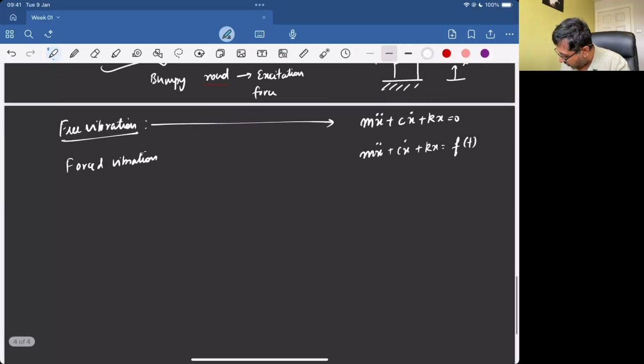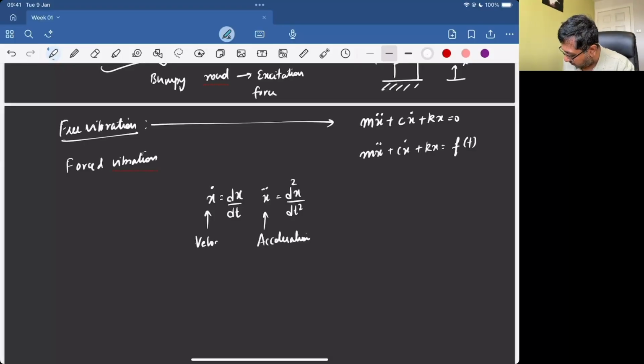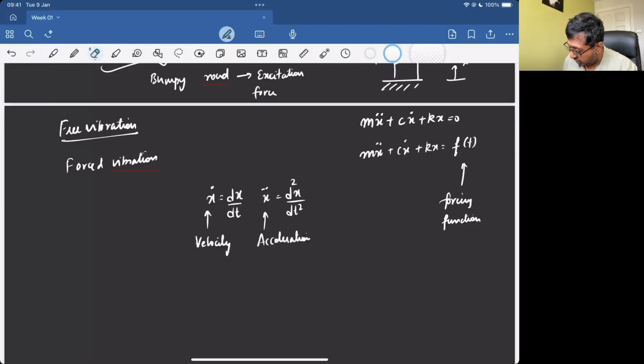Here we know that x dot is nothing but dx by dt, and x double dot is d square x by dt square. x double dot is nothing but our acceleration, and x dot is nothing but our velocity. And f of t is nothing but our forcing function. We have approximated by some kind of a force to account for that bumpy road.